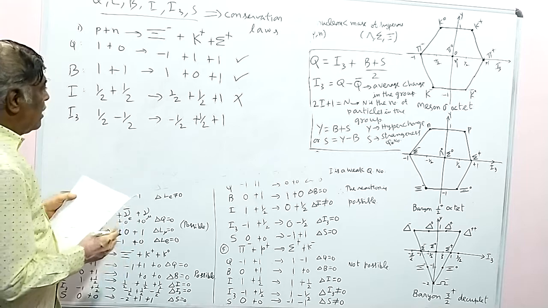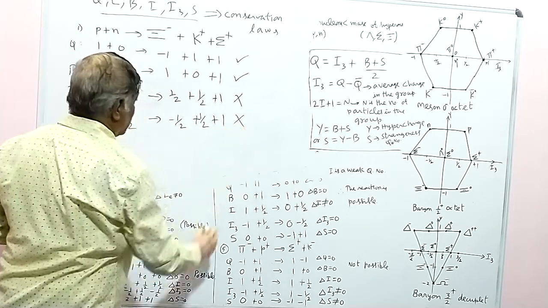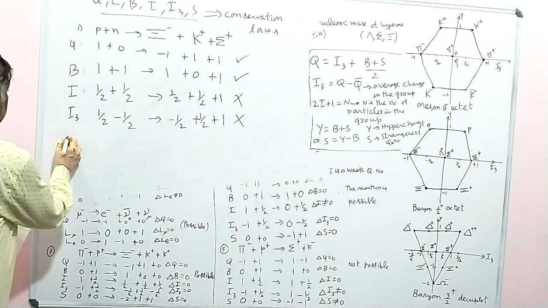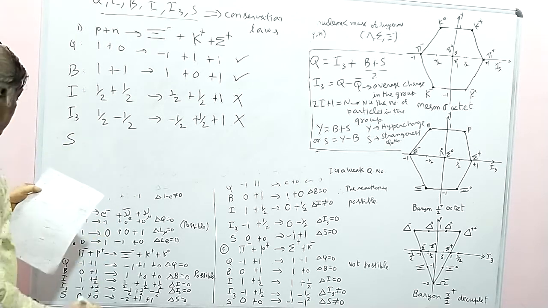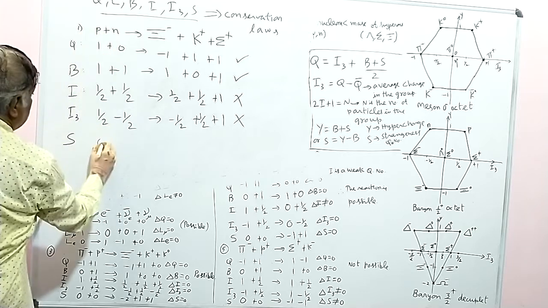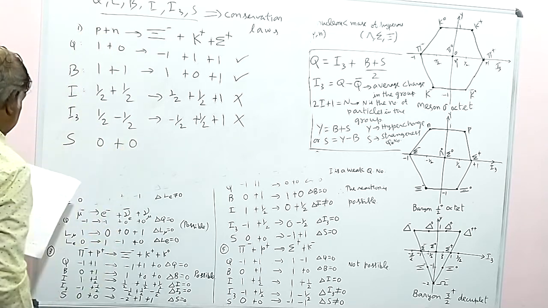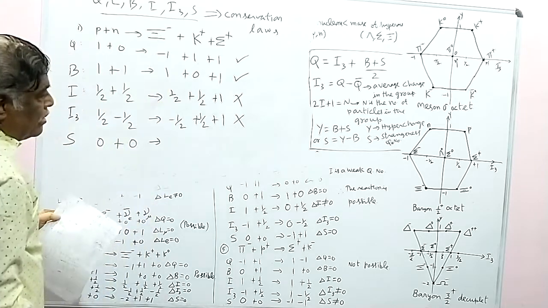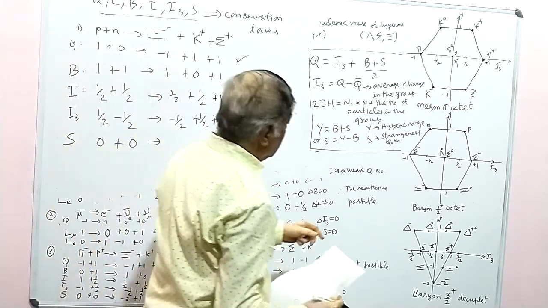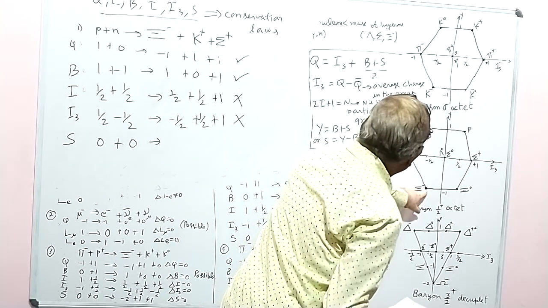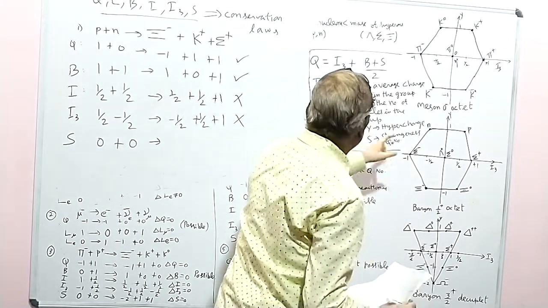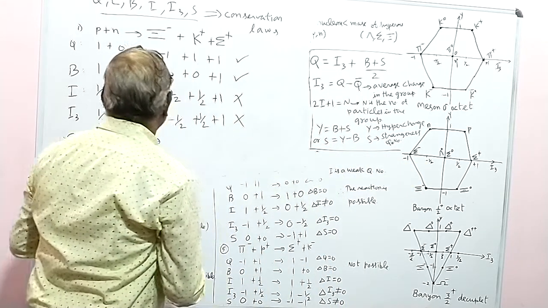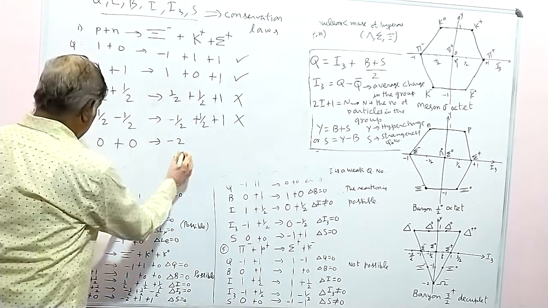So the I3 conservation is also not satisfied. And you take S, the strangeness quantum number. Since they are not strange particles, the strangeness quantum number is 0. And here for sigma minus, Y is equal to minus 1, Y minus B is S, B is also 1, so minus 1 minus 1 is minus 2, so this is minus 2.